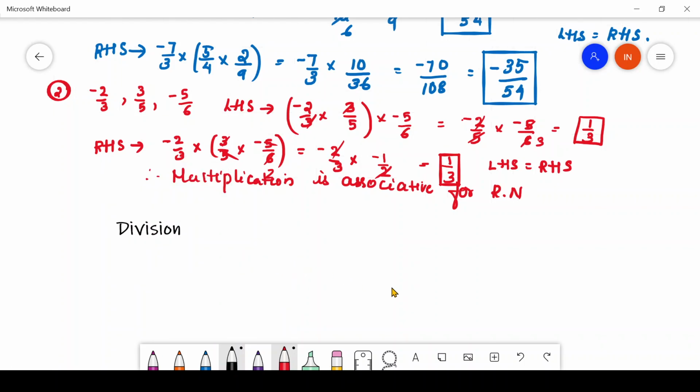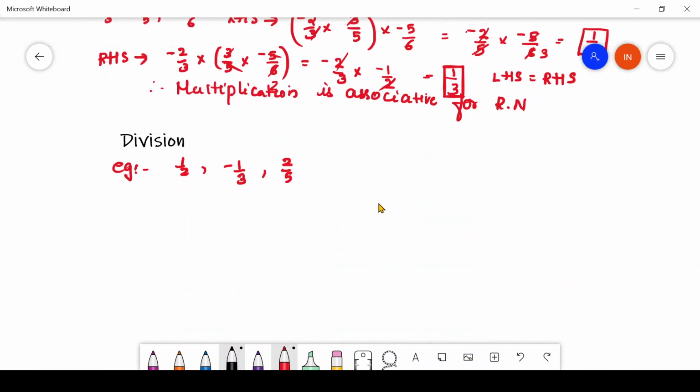Okay, with three numbers, and let us see when we divide those according to this condition whether we are getting the LHS and RHS same. So for example, I'm taking three numbers as 1 by 2, negative 1 by 3 and 2 by 5. Okay, so let us see whether this is satisfying or not. So LHS should be like, what we are taking is 1 by 2 divided by negative 1 by 3 divided by 2 by 5.